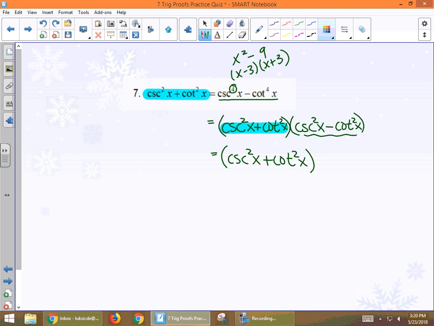What I would like you to do is recognize that those are linked through a Pythagorean identity. And the Pythagorean identity that links those is 1 plus cotangent squared equals cosecant squared. So what I would do is I wouldn't do any movement to this. I would just take 1 plus cotangent squared and put it in for cosecant squared.